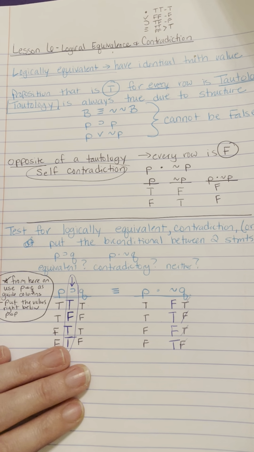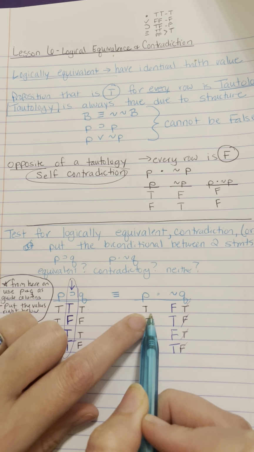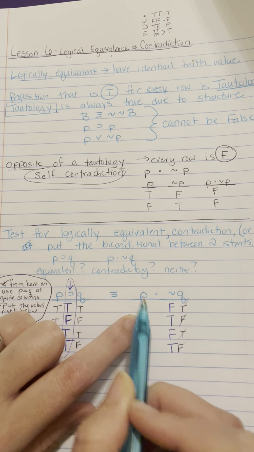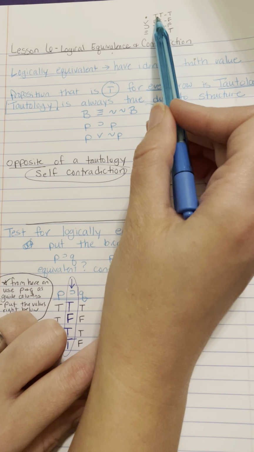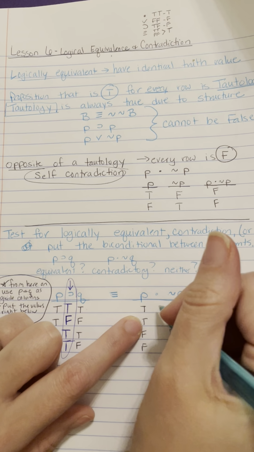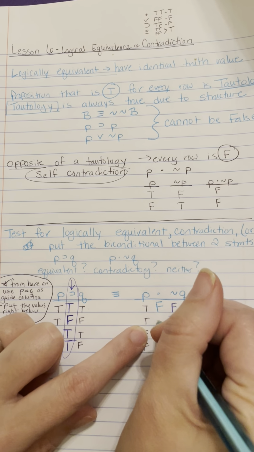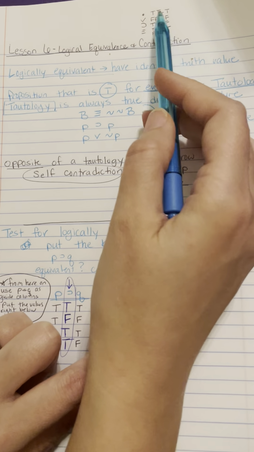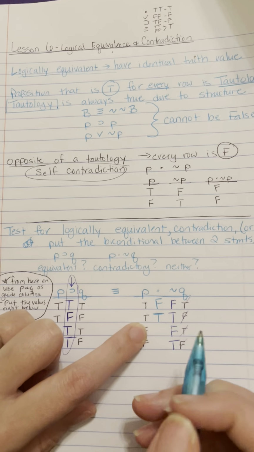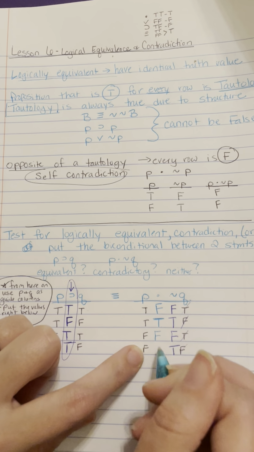And then next, we're going to go to this column, to the and. On an and, we're looking for two truths to give us a true. So here is a true false, so that's going to be a false. A true true, that's our one here, so true. False false gives us a false.